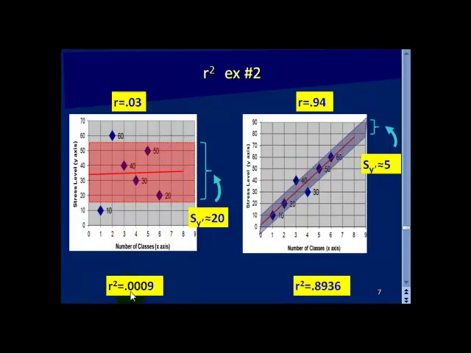If we square r here, it's virtually 0. We square r here, it's 0.89 something. So here we're accounting for about 90% of the variance with the regression line. Here, only just a pittance, almost 0. Again, the difference is the difference between this red area and this blue area. That would be the variance accounted for.